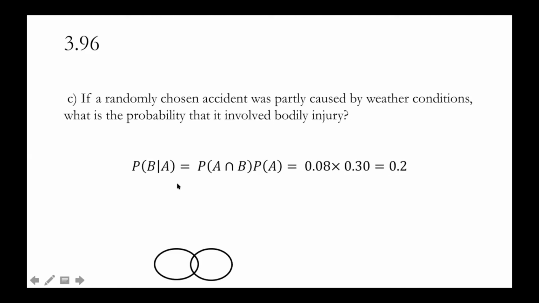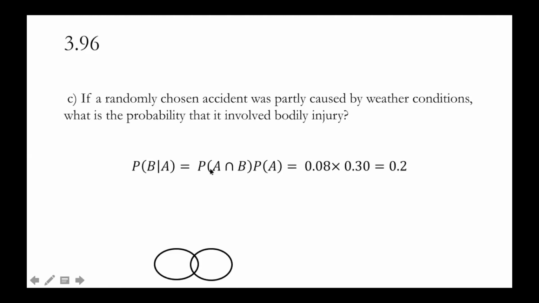Here you follow the rule that the probability of a specific event given the other event is equal to the intersection between these two events divided by the probability of the given event.